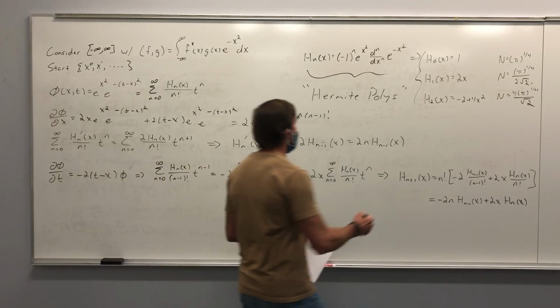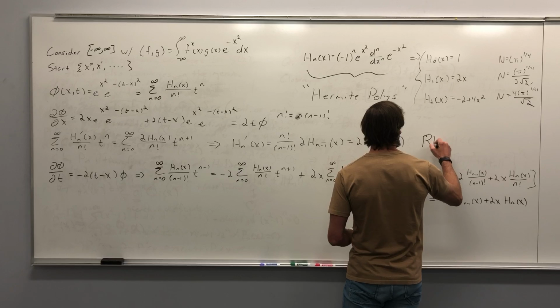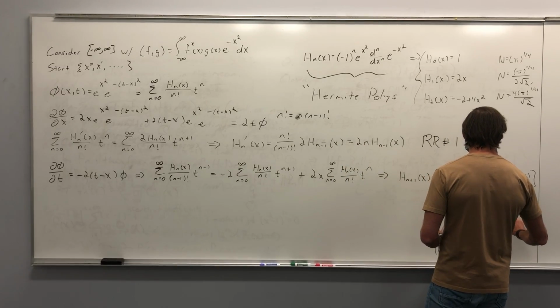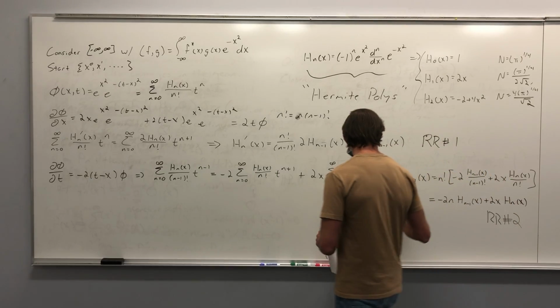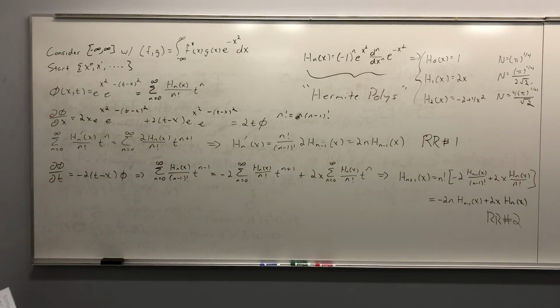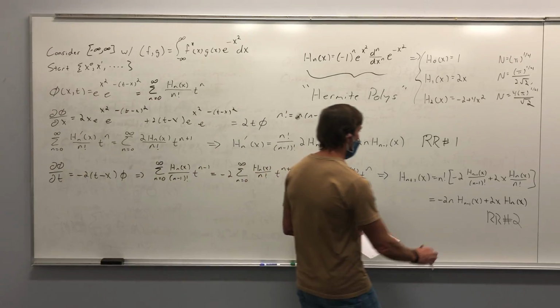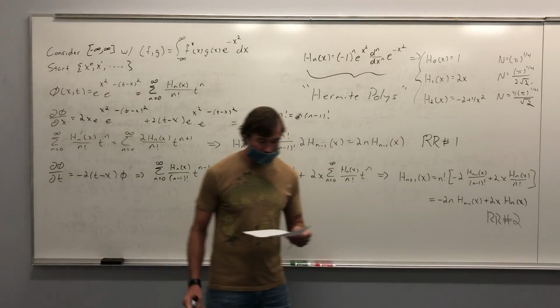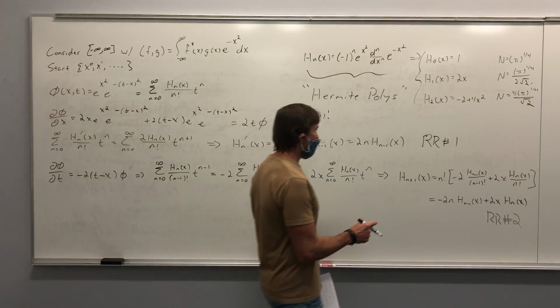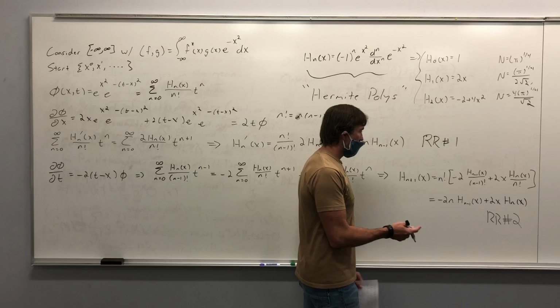Now I'm going to call this recursion relation number 1, and I'm going to call this recursion relation number 2. Now, what we would like is an equation which only involves a single n.